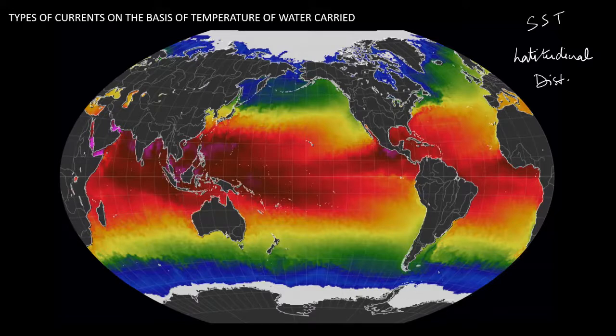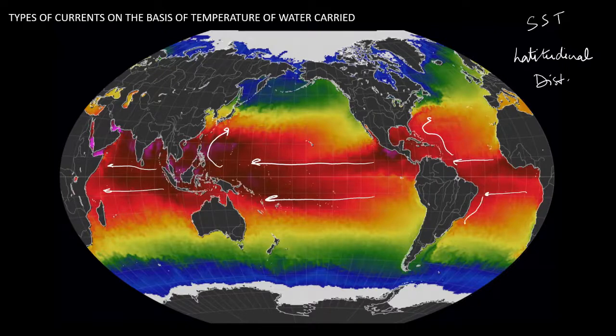Now, the currents that operate in the tropical regions, like this, like this, these, all these currents operating in the tropical regions, all these currents, they will definitely be having warmer waters.